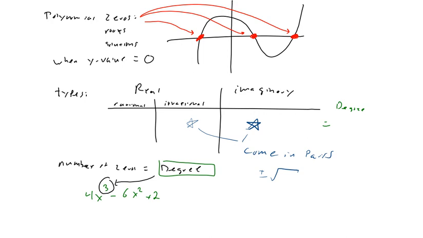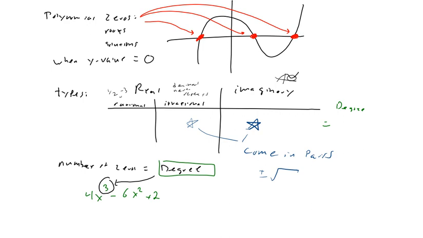We looked and saw if there were some imaginary roots, that means it doesn't touch the axis. Irrational is if the decimal never repeats. And rational is like a fraction or a regular number.